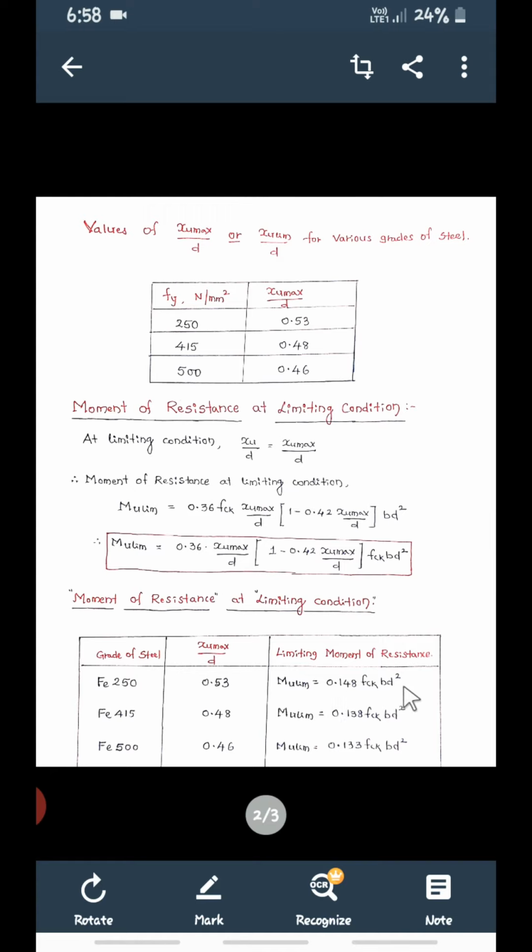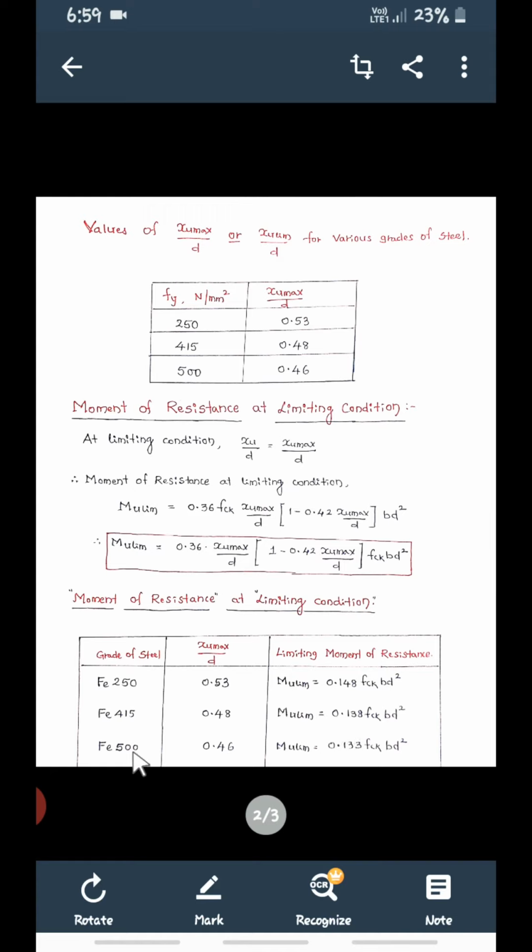So directly you can remember, for 250 grade steel, Xu max upon d is equal to 0.53 and Mu limit is equal to 0.148 fck bd square. Similarly for the next grade steel, Xu max upon d is equal to 0.48, and you get Mu limit is equal to 0.138 fck bd square.